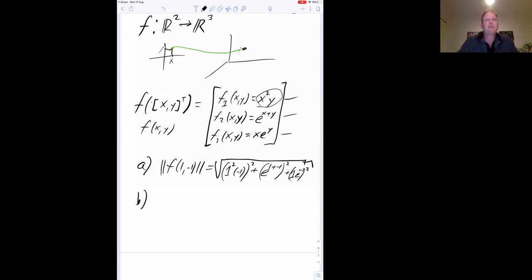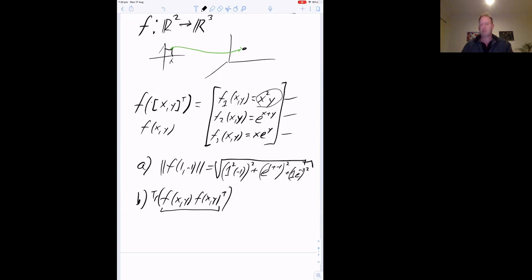Okay, B. B is still not related to this new stuff you've just learned. Compute the trace of the matrix f(x,y) times f(x,y) transpose. What do you call this type of matrix, a column times a row?